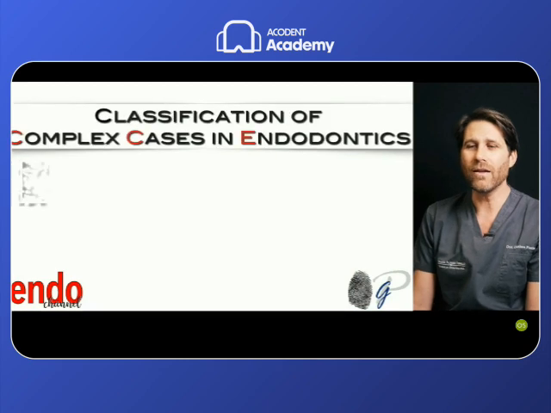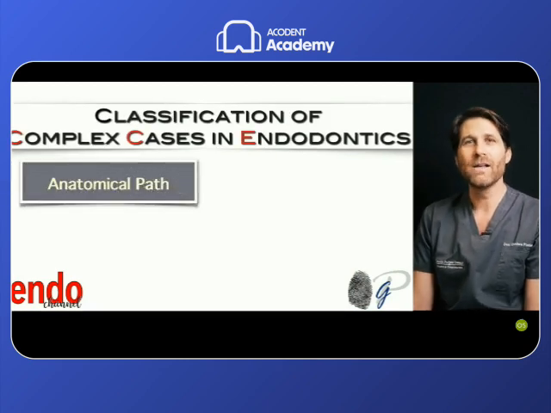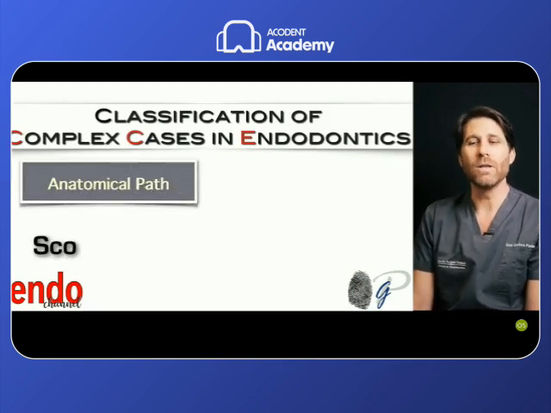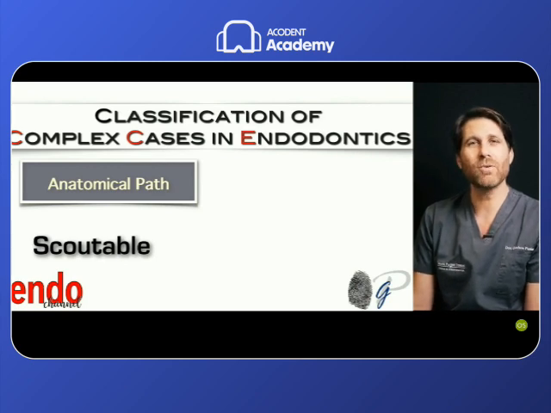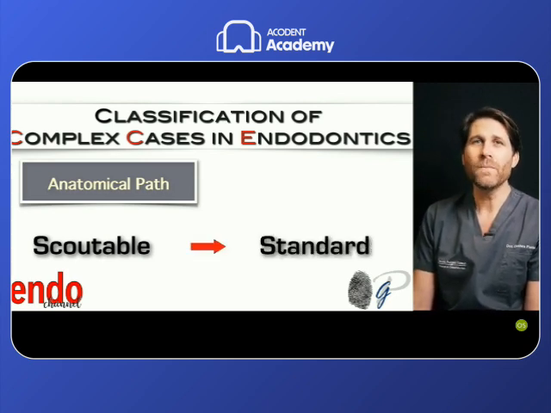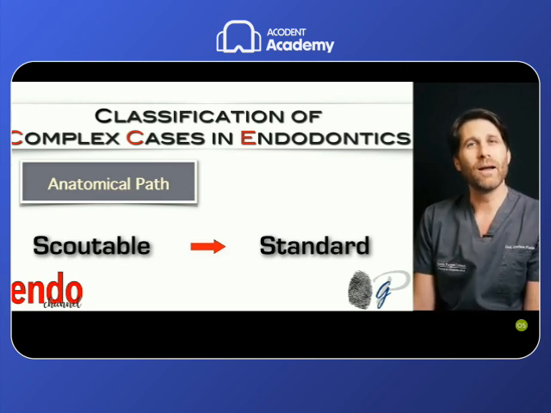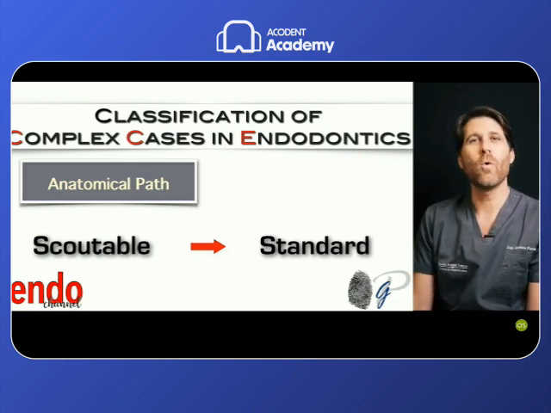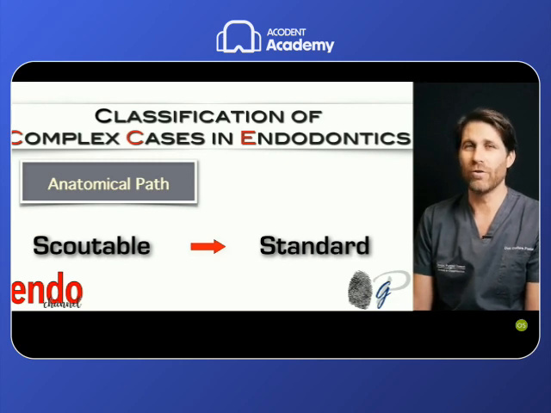So in that case, the anatomical path is initially scoutable without any efforts during the scouting procedure with a size 8 or 6 stainless steel file. We classify this case as a standard case because this is a case in which the natural path helps us to reach the working length without any efforts because of the quality of the instruments that today we have on the market.